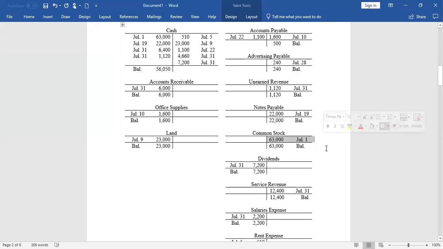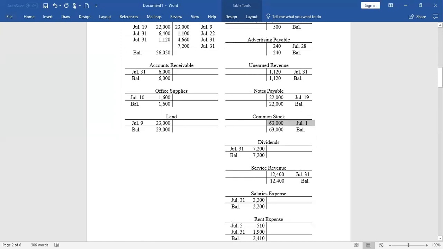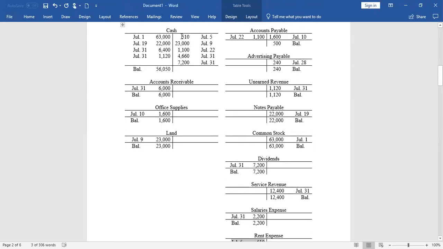The second transaction, on the debit side of the rent expense, $510. On the credit side of cash, $510. The next journal entry, on the debit side of land, $23,000. On the credit side of cash, $23,000.